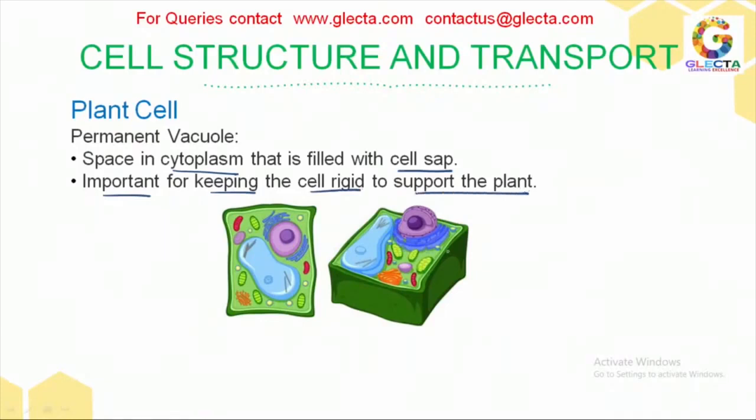So this is what a plant cell is going to look like. It is going to have organelles like the nucleus. It is going to have an organelle which is also present in animals, which is mitochondria. Along with that, it is going to have ribosomes on a structure which is known as ER.